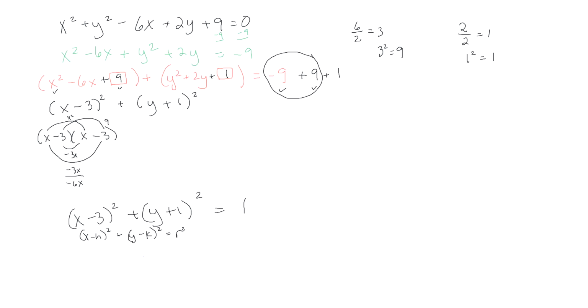Now I can see that 3, negative 1, because y minus a negative 1 gives me the plus 1. So I have here 3, negative 1 as my center, and my radius equals 1.